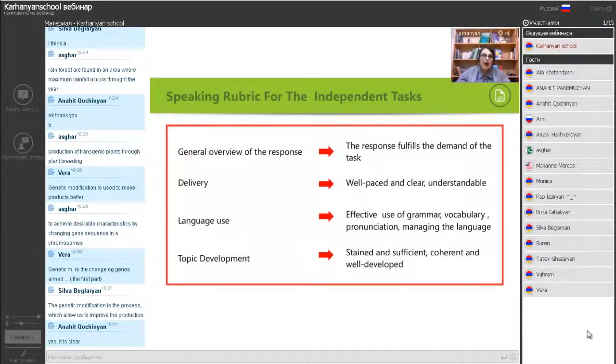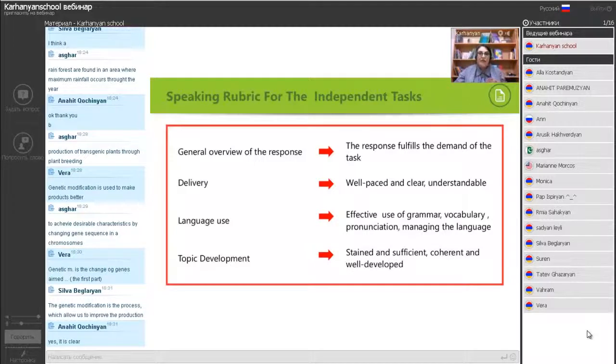You know that the speaking section is scored holistically, and the high score is 4. So the general overview of the response must cover the following: delivery, language use, and topic development, of course. Delivery means how well, how clear, and how understandable you are delivering your speech.